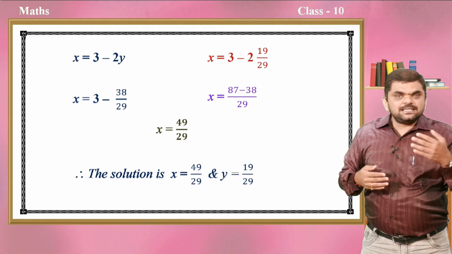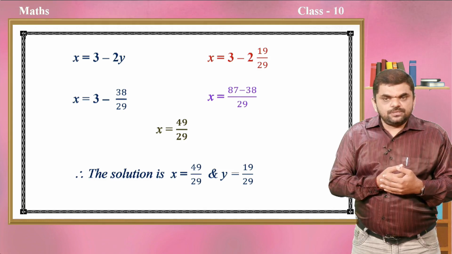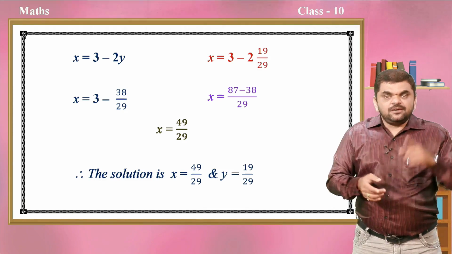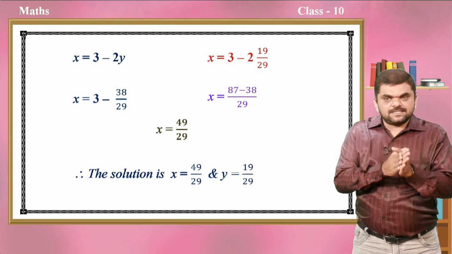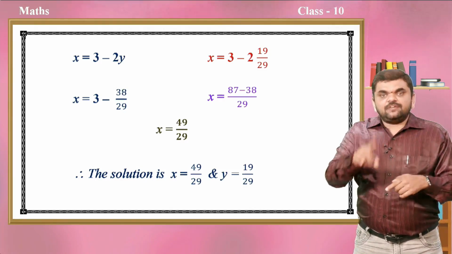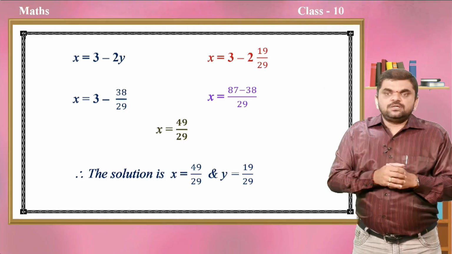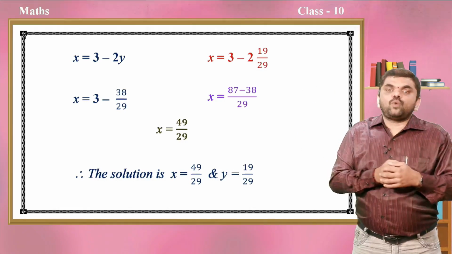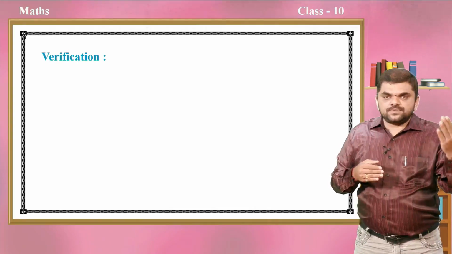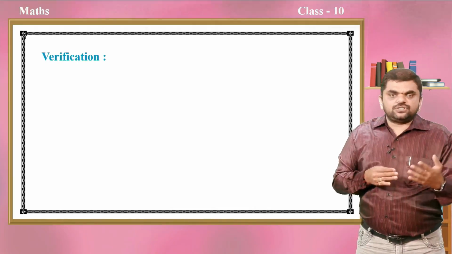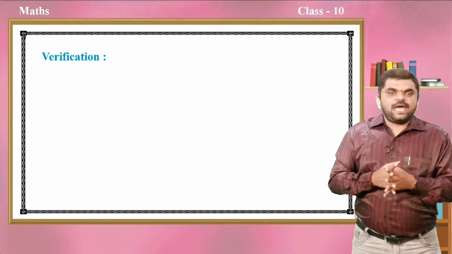Children, this is called the substitution method. What do you mean by the substitution method? We substitute the value of x from one equation into another equation so that we get the value of y. After getting the value of y, we substitute the value of y in one equation so that we get the value of x also.